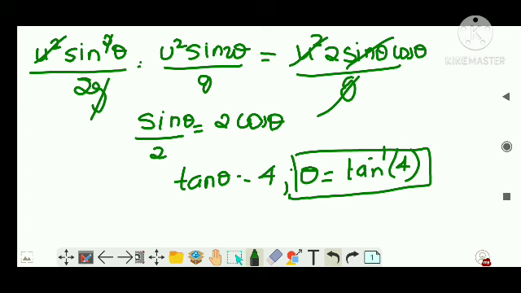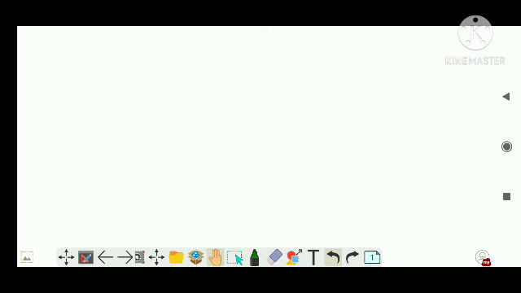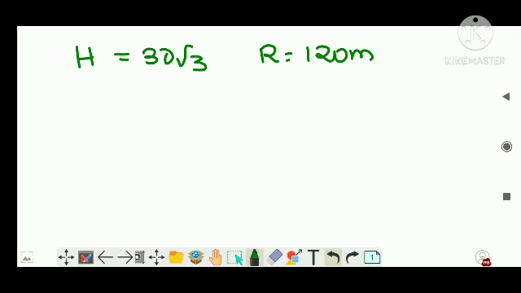Clear? This much is simple. Now let's make another thing, a similar question. If you know the equations of a projectile, it is very easy to do a problem in projectile. Now similarly, I'm going to ask you: if the maximum height is 30 root 3, and the horizontal distance, that is called range, is 120 meter, find the initial velocity and your angle of projection.